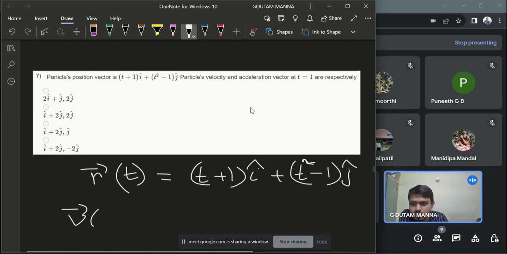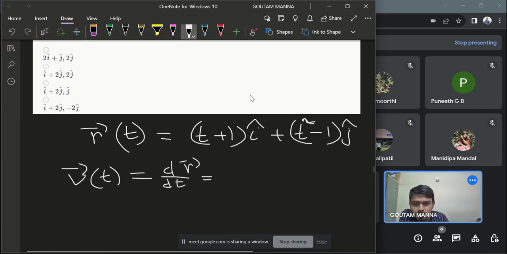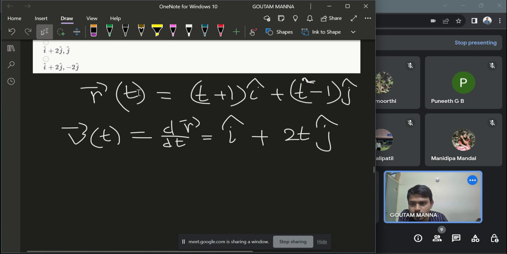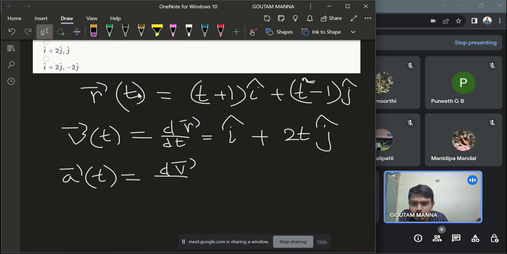So v will be dr dt, which will be, if we take the d dt of t plus 1, it is i cap only, and the d dt of the second one will be 2t j cap, and a will be dv dt. If we take d dt of this constant i hat, it will be 0, and only the j component will survive, so it will be 2 j cap.